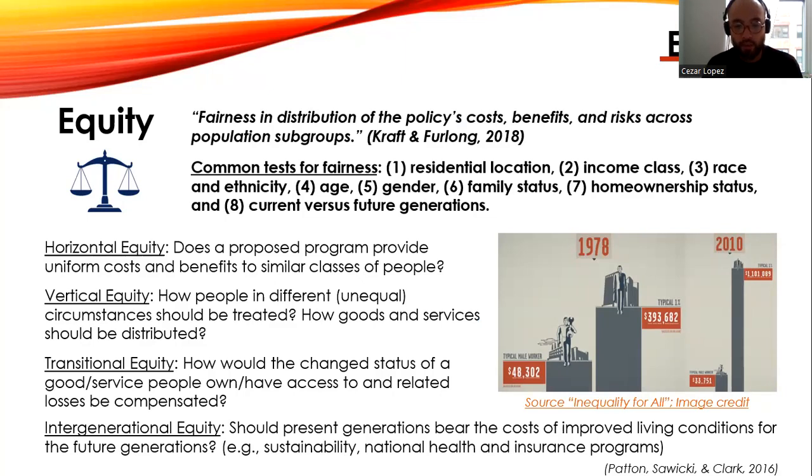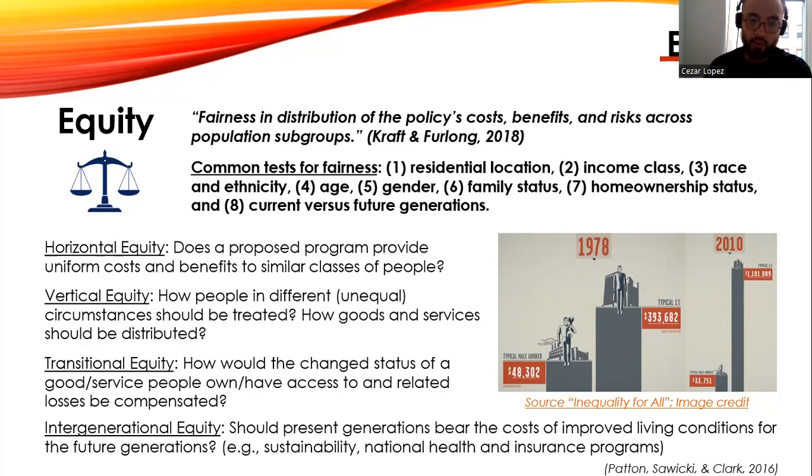Here are examples of specific variations and definitions of the concept of equity. Horizontal equity. Does a proposed program provide uniform costs and benefits to similar classes of people? Vertical equity. How people in different or unequal circumstances should be treated. How goods and services should be distributed.